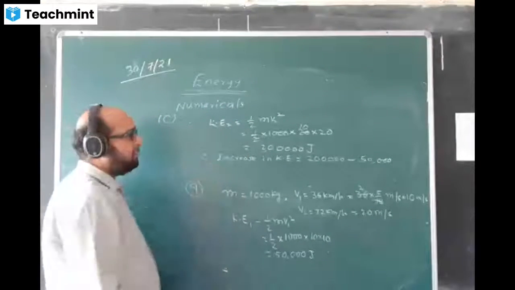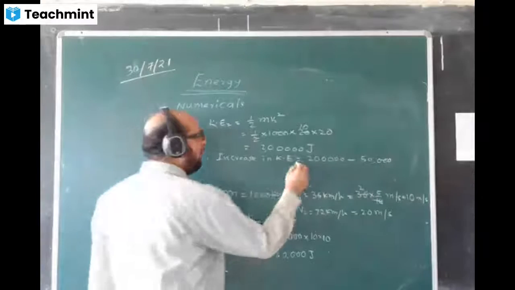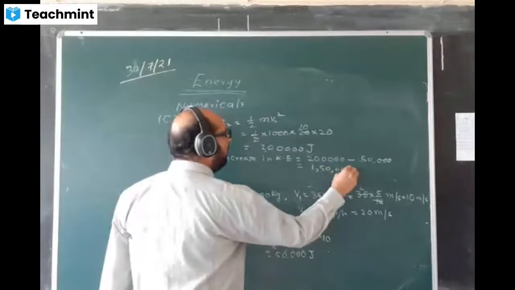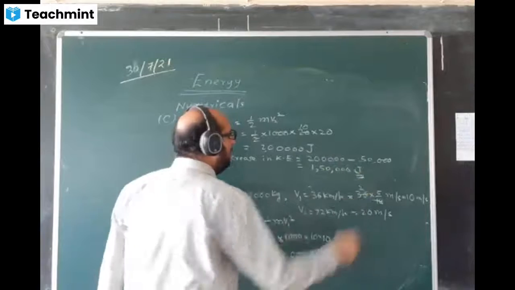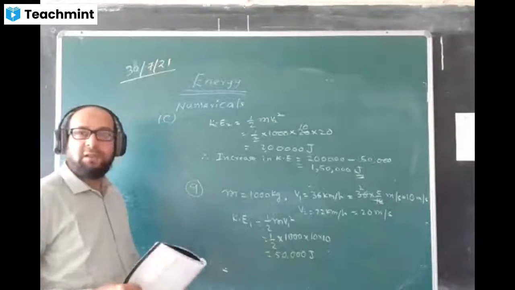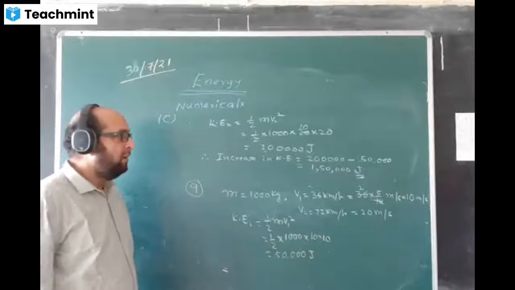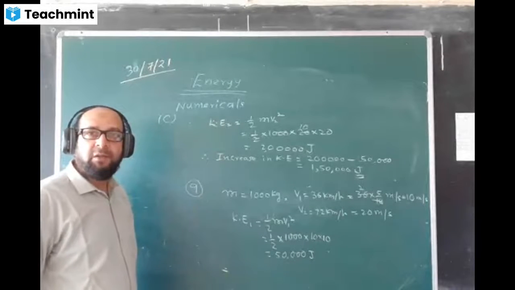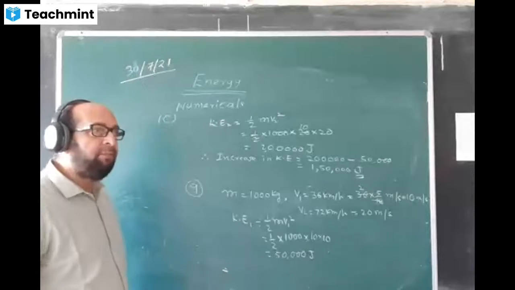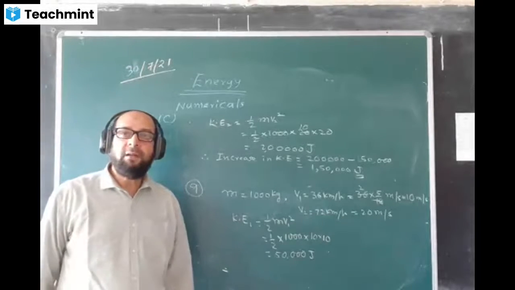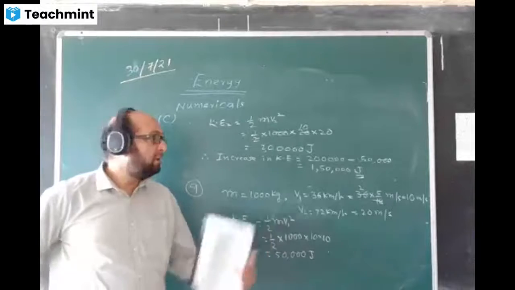Number 9 is carried out here. 2 lakhs minus 50,000, we need to subtract, will come 1,50,000 joule. This answer is 1,50,000 joule, and in the book they have given 1.5 into 10 to the power of 5 joule. Both of them are same. So you may not give the answer in the book format. This answer is fine.